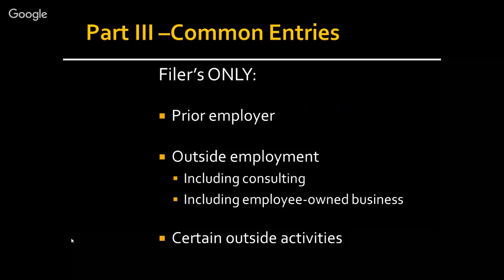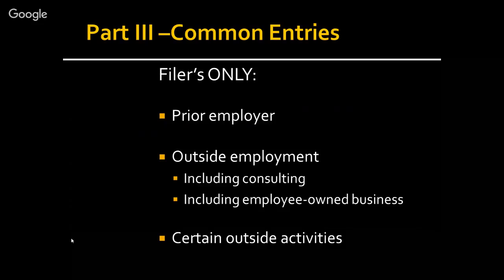And the filer only has to report things for themselves on this part of the form. And so common things that you will see there is if the filer had a prior employment position, you may see their prior employer identified. If they have any current outside employment, which could include consulting, it could include an employee-owned business, we would expect to see that on an outside activity listing.